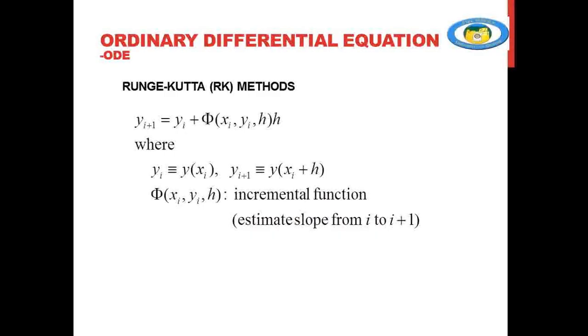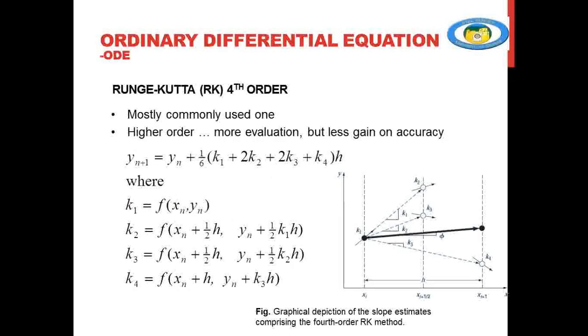So we are not going to use just one slope here, but a number of slopes represented by a certain function. One of the very common types of Runge-Kutta techniques is the fourth order Runge-Kutta technique. We can talk about first order, second order, fourth order, but the fourth order is very common.